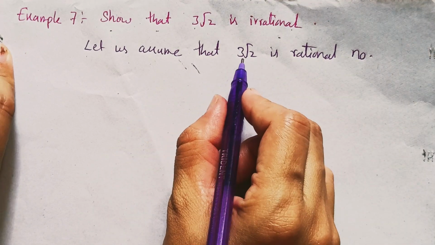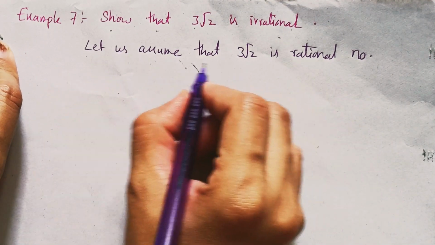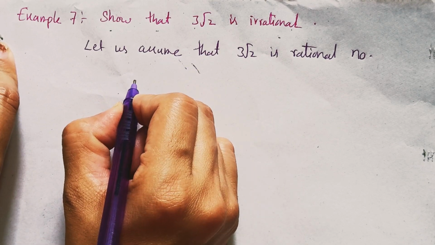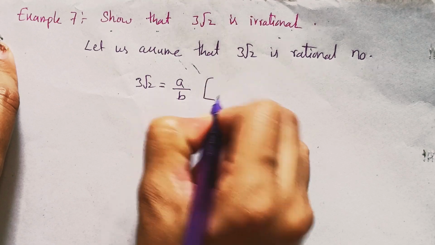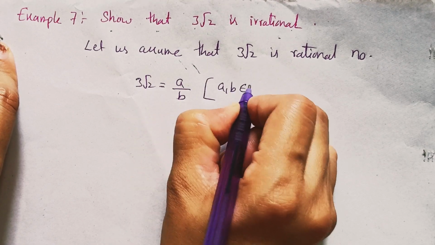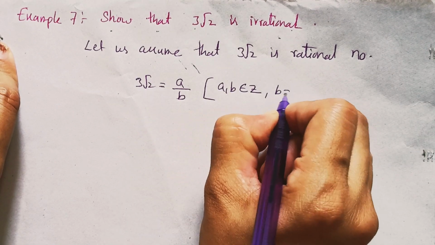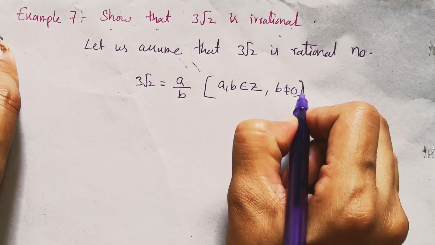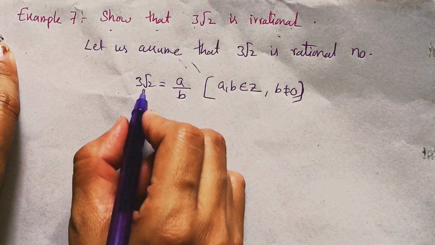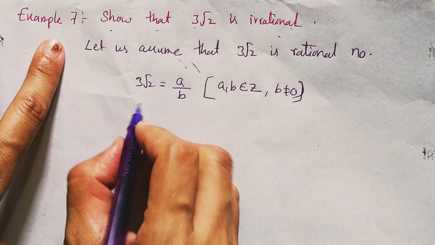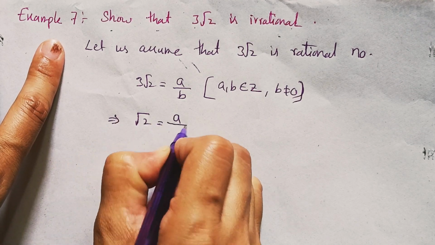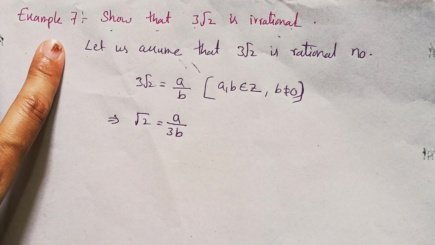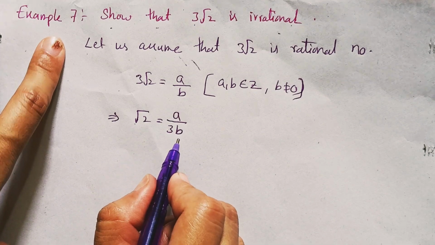If 3 root 2 is a rational number, then 3 root 2 equals a by b, where a, b belong to Z and b is not equal to 0. Now I am just sending this 3 to that side, then it will become root 2 equals a by 3b.